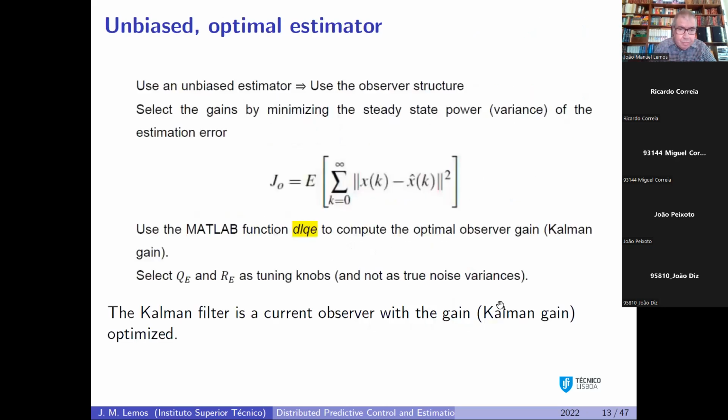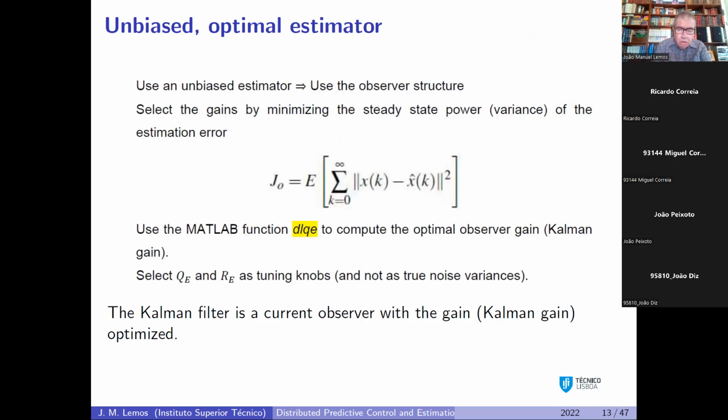Now, we can think of this problem. I want to have an unbiased estimator. That is to say, when I compute the expected value of the error, X minus X hat, this should be 0.